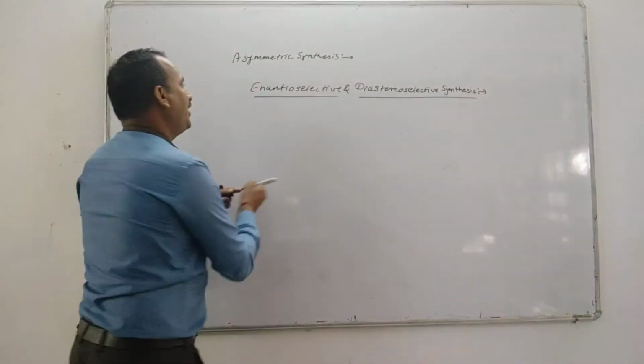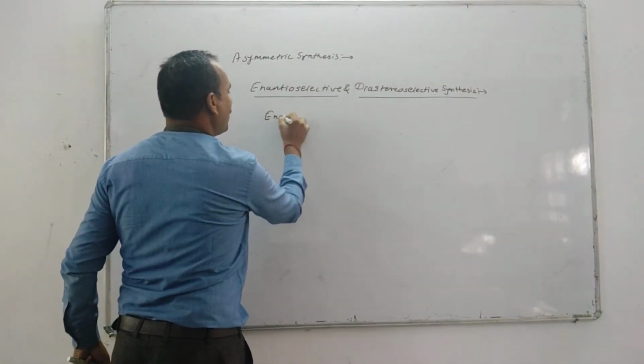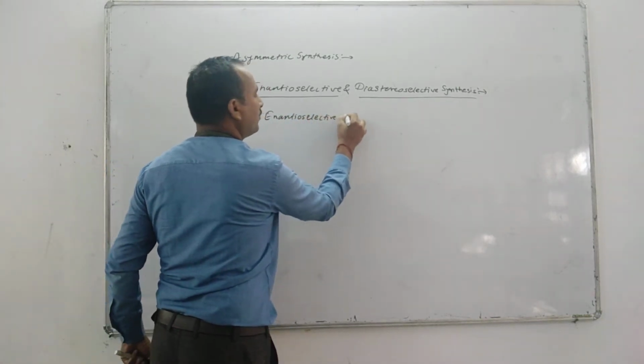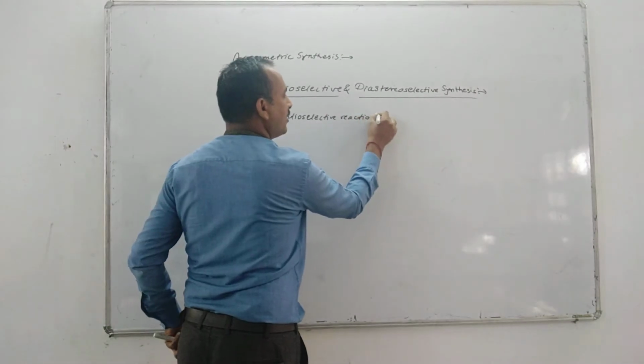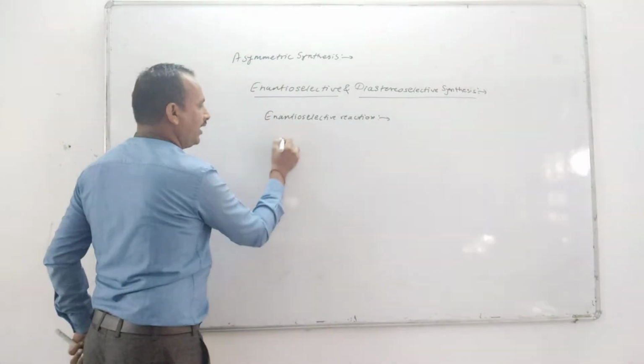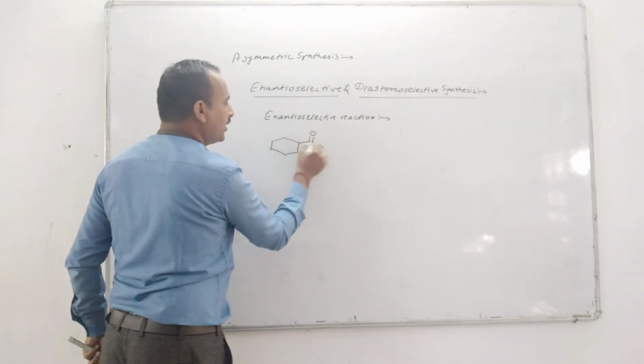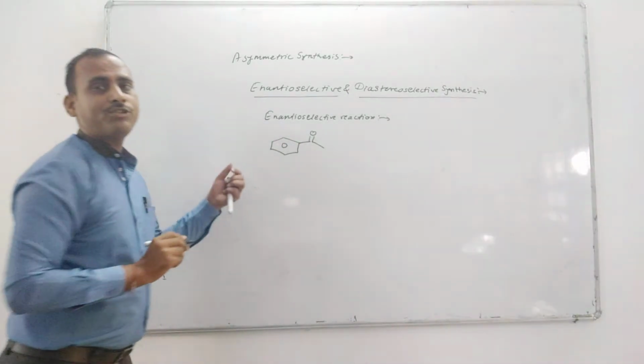Now, enantioselective reactions. Let's consider the example of a ketone, acetophenone.